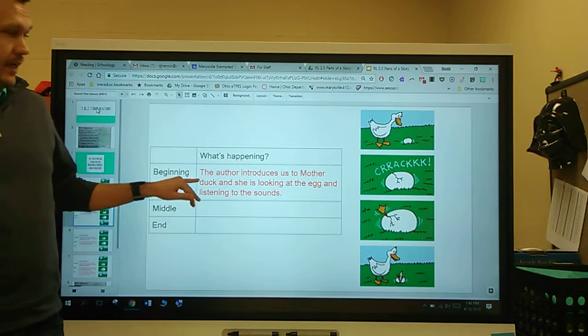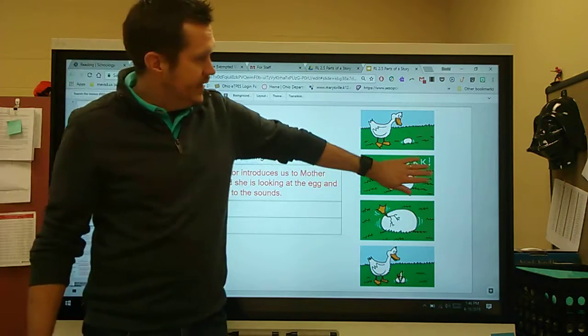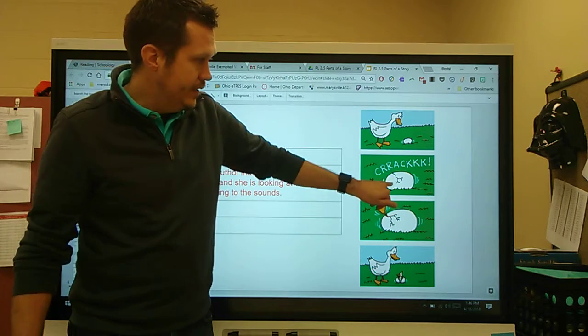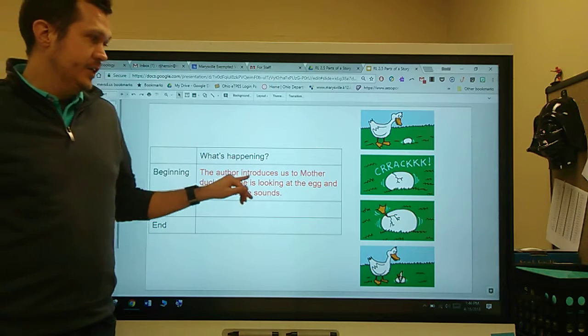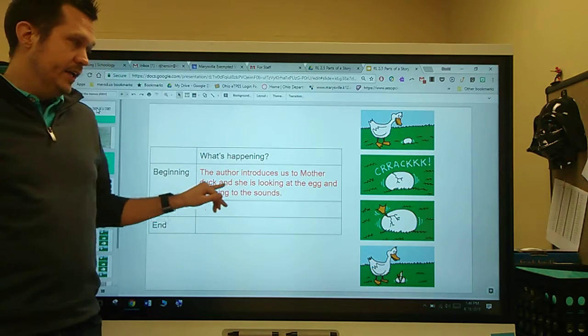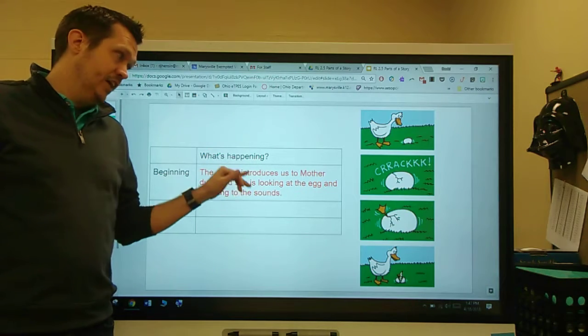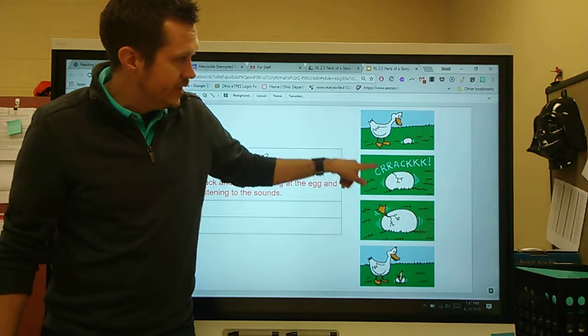In the beginning, the author introduces us to the characters. So the characters in this story are going to be Mother Duck, right? And then in here is probably that baby duck. The author introduces us to Mother Duck, and she's looking at the egg and listening to the sounds that are being made.